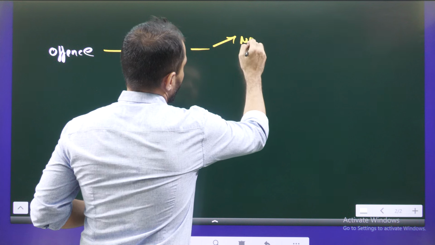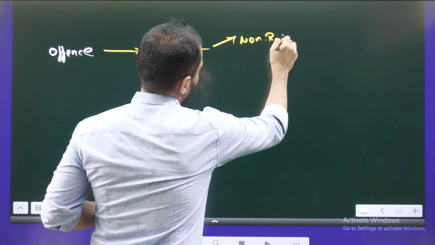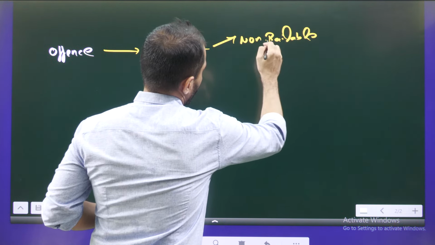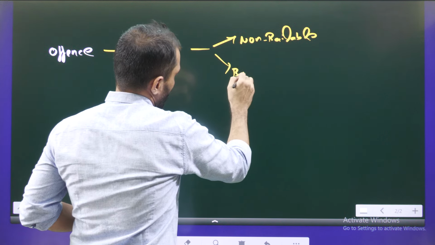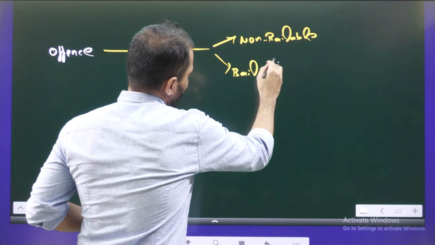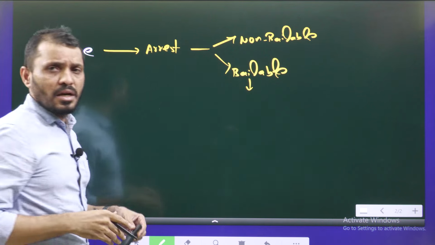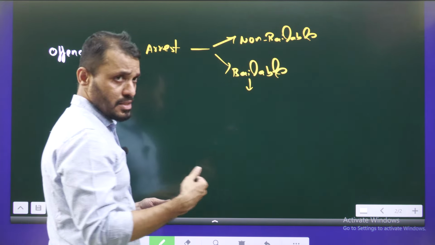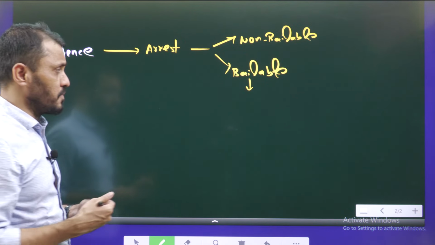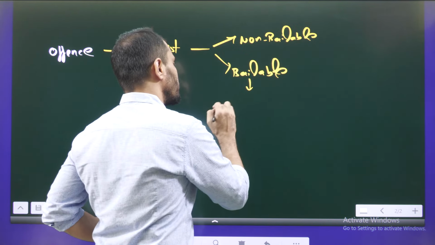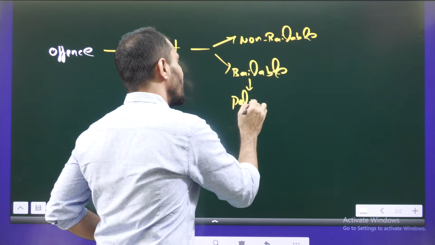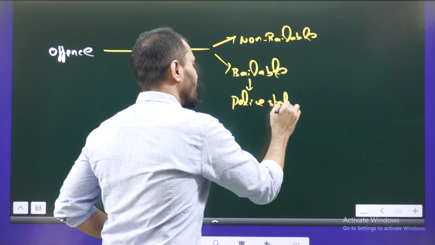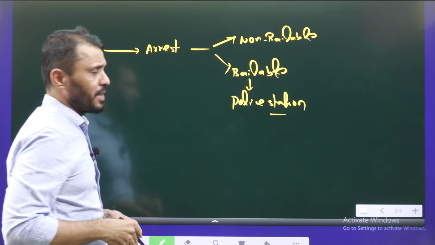If it is a bailable offence, obviously the person will get bail from the station house officer itself, that means at the police station. This is generally known as station bail.